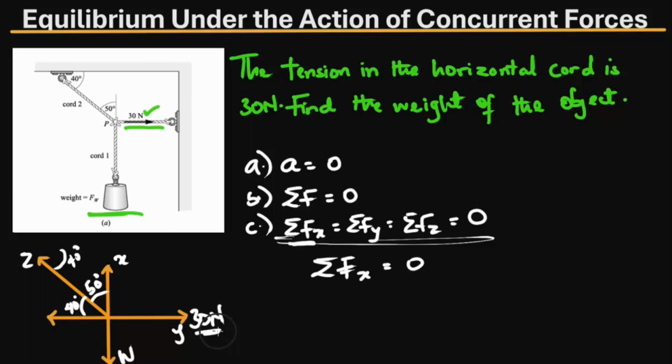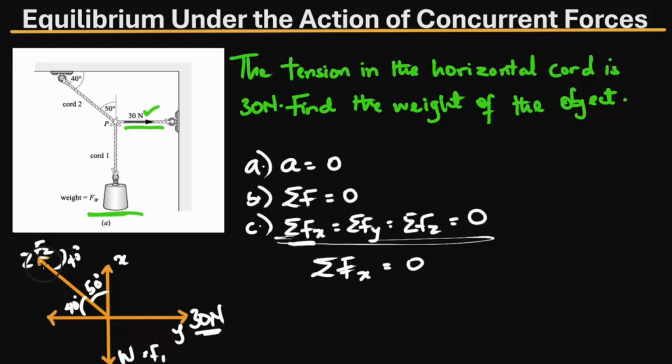We have 30 Newton. Okay, now we have a force here. Let's call this force the force for cord 2, let's call it F2. Okay, the force for cord 1, that is equal to the weight of the object. So W is equal to F1.